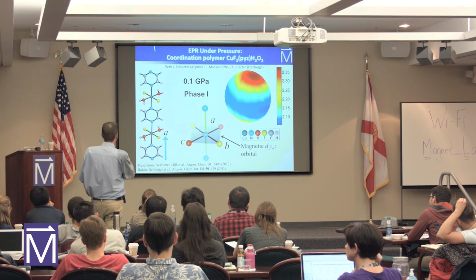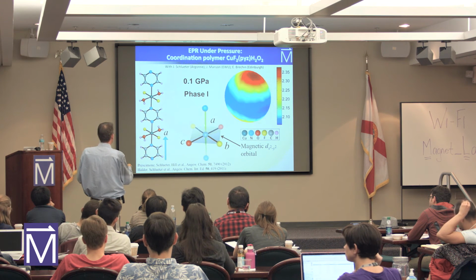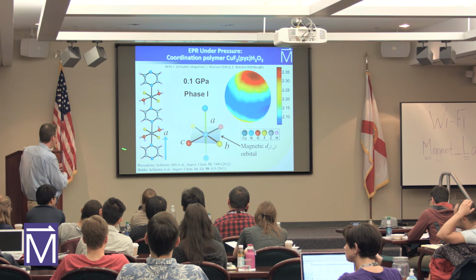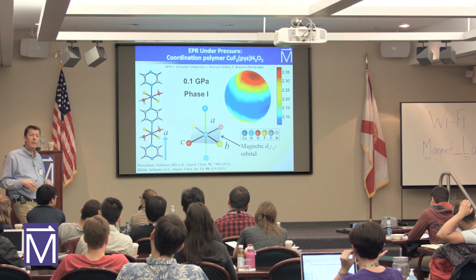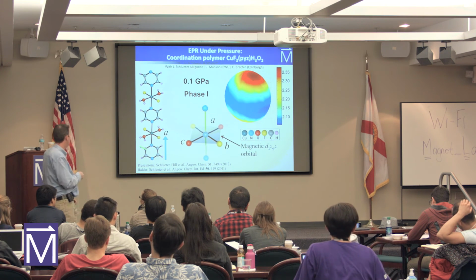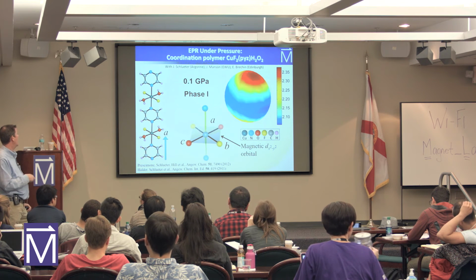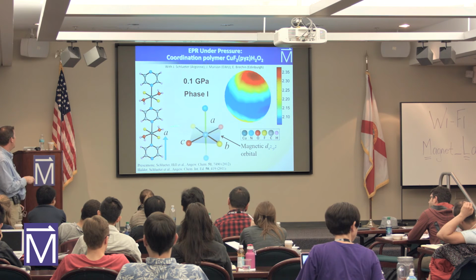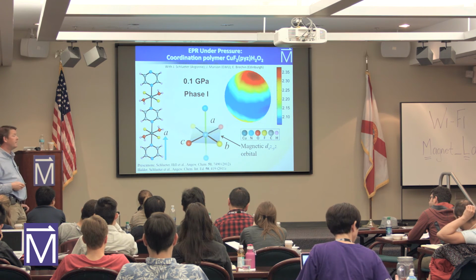But there's very poor communication along the chain because there's no electron density along the dz squared orbital. So you end up with a 2-dimensional network, and so you end up with a 2-dimensional quantum antiferromagnet in this particular material. It actually orders at a few Kelvin, but it's a nice model system for studying 2-dimensional magnetism.